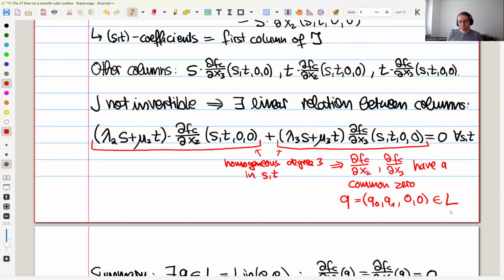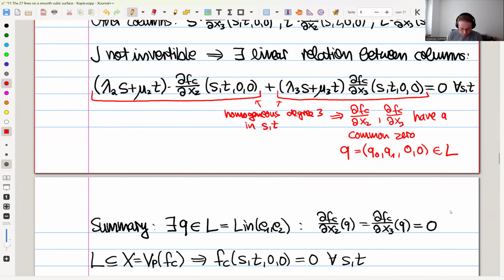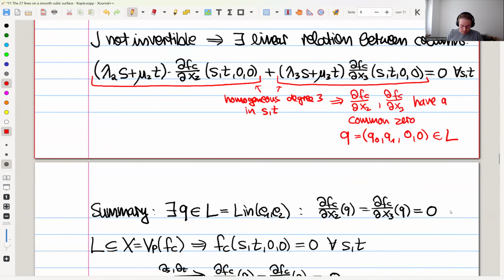This didn't appear yet, and now is where we use this assumption. So to summarize where we are so far, we have found this point Q inside this line here, where these 2 derivatives, for the last 2 entries of FC at this point, vanish.